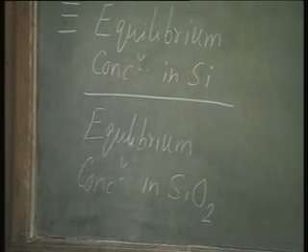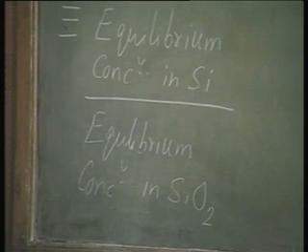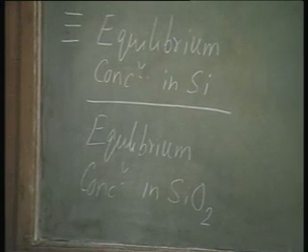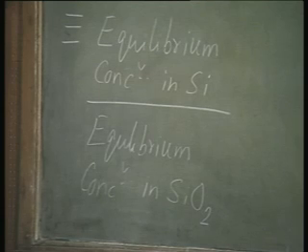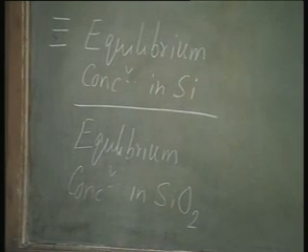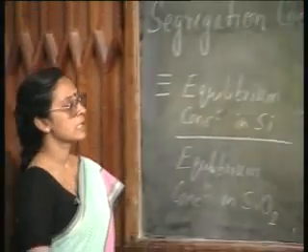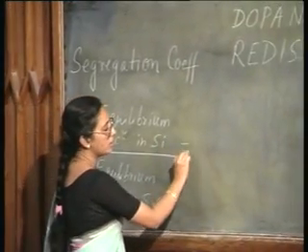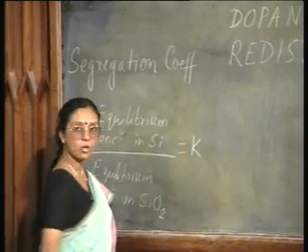It is the ratio of the equilibrium concentration of the dopant in silicon to the equilibrium concentration of the dopant in silicon dioxide. This ratio is called, usually the symbol is K or M.